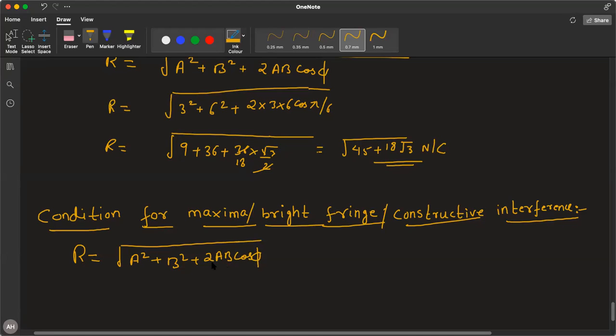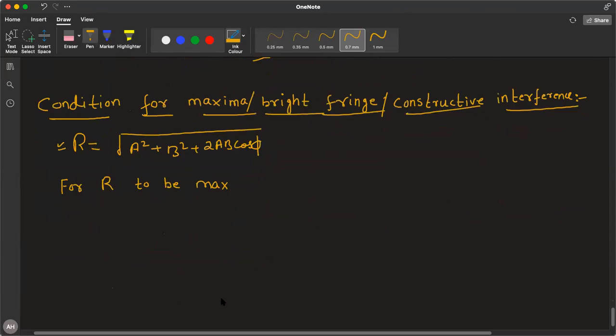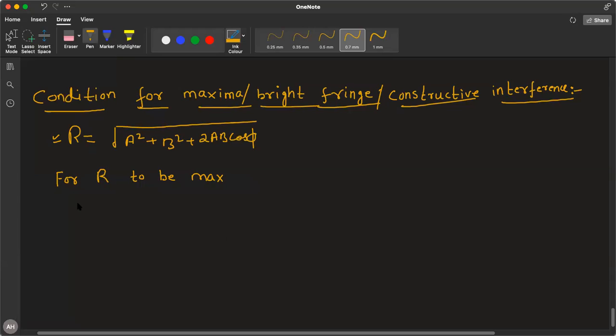Now I need the condition for capital R to be maximum. Capital R is maximum if cos phi is 1. Your cos phi should be equal to plus 1.